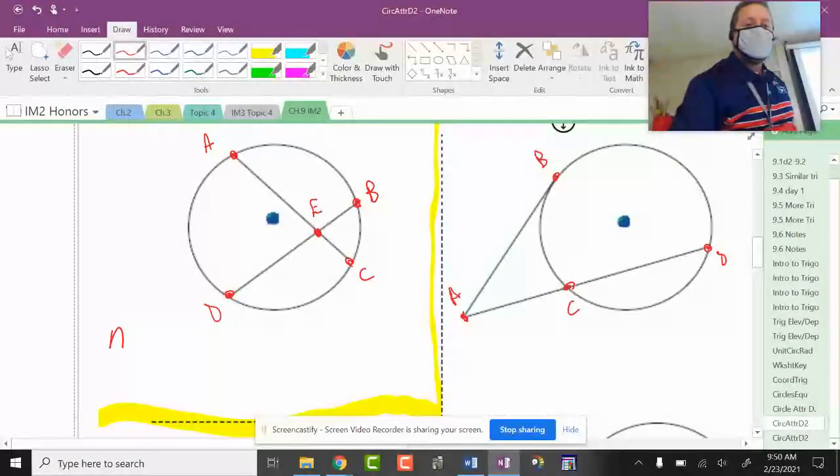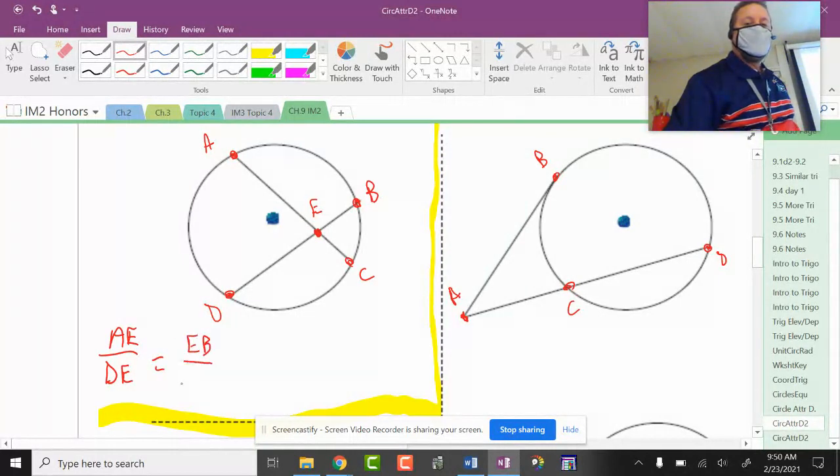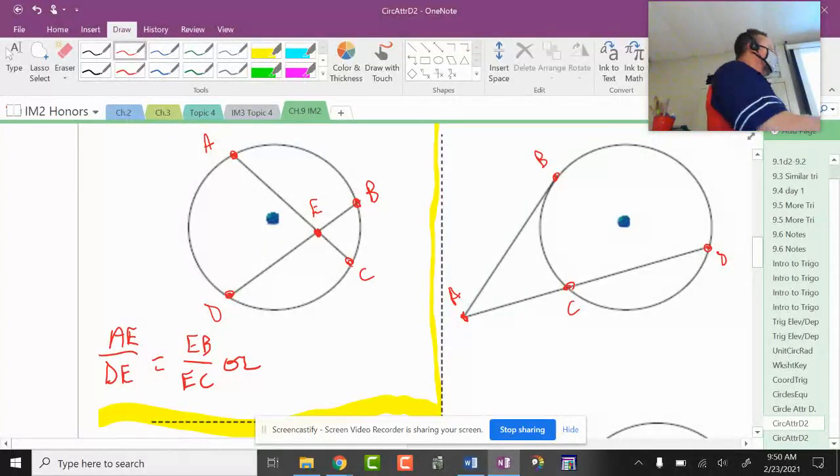So I'm going to go top on the left, AE, over bottom, DE. And that equals top, EB, on the right, over bottom, EC. Or another way you can think of it, my pen keeps not writing. I love this computer. All right.